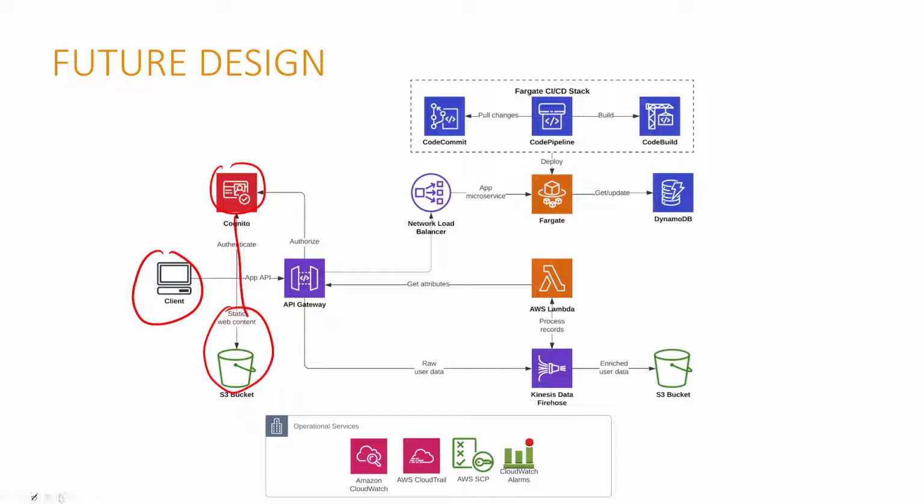I can change the colors. I can go to highlighter mode, so I'll just go to highlighter mode. And network load balancer would front Fargate, a bunch of Fargate containers, and those will get their data from this NoSQL database, and they'll be supported by all of these operational services, etc.